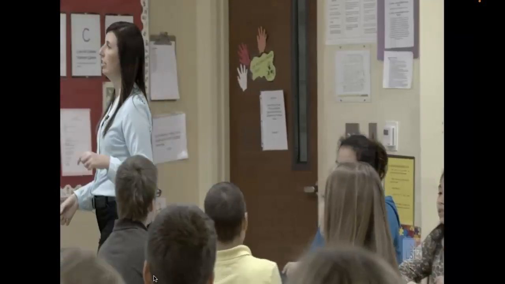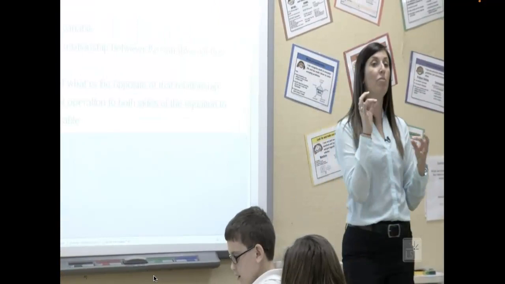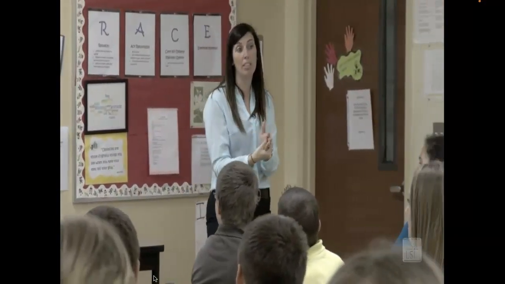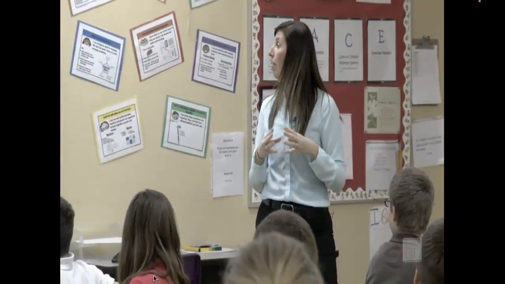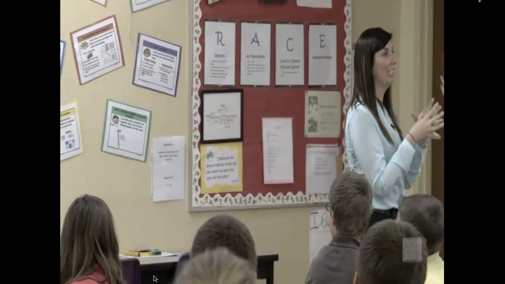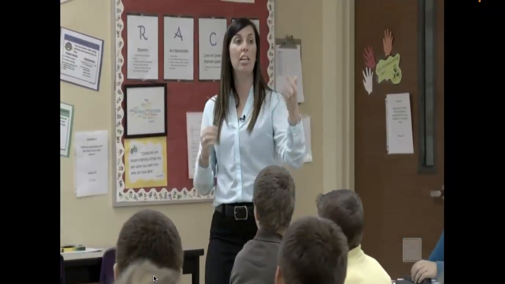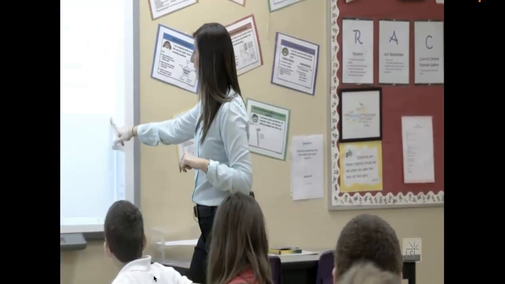Subtract. Good. And then we're going to perform that operation that we just decided was the opposite, to both sides of the equation to get that variable isolated by itself. So if we were going to add to both sides, then we will have isolated that variable. But today we're not going to be adding.